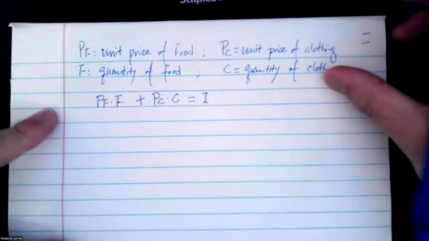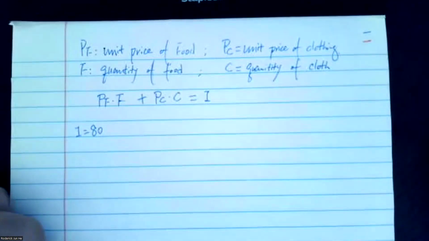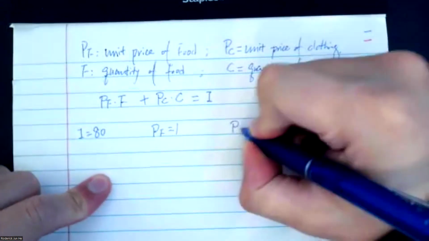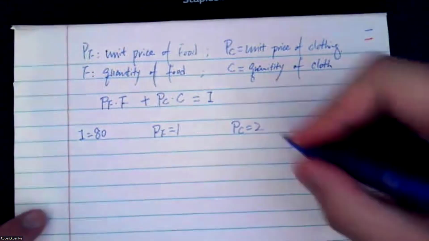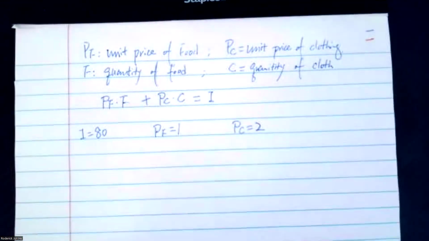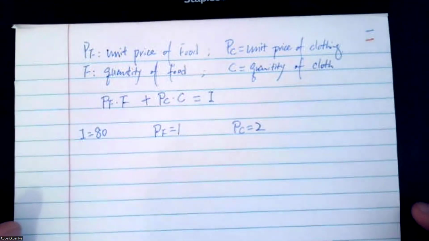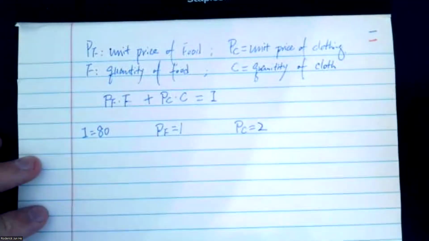Now, let's look at this example. Say the total income to distribute between food and clothing is $80, so I equals 80. The unit price of food is 1, PF equals 1, and the unit price of clothing is 2, PC equals 2. The first question is to work out an equation that depicts the distribution of income. You can directly plug those numbers in, or we can use our intuition: what is the total expense in food?